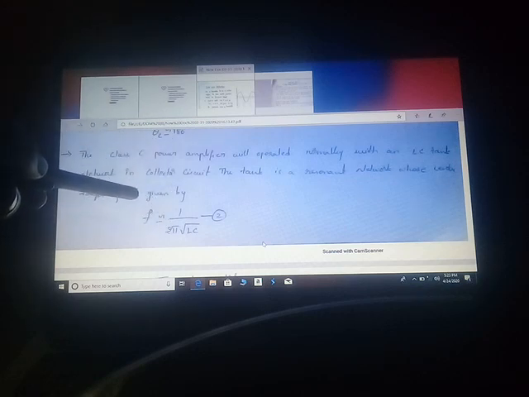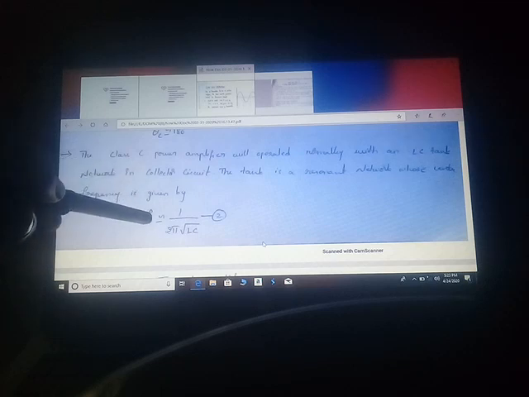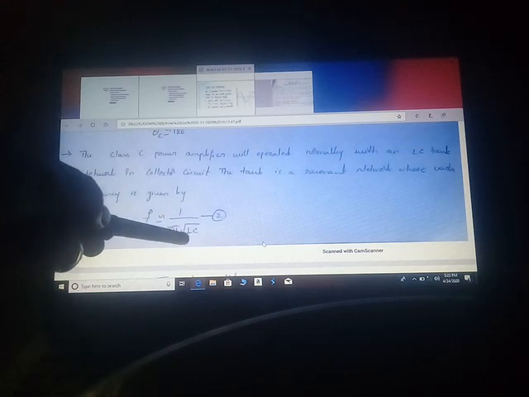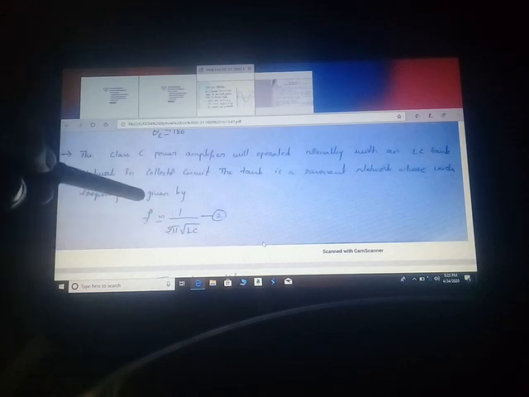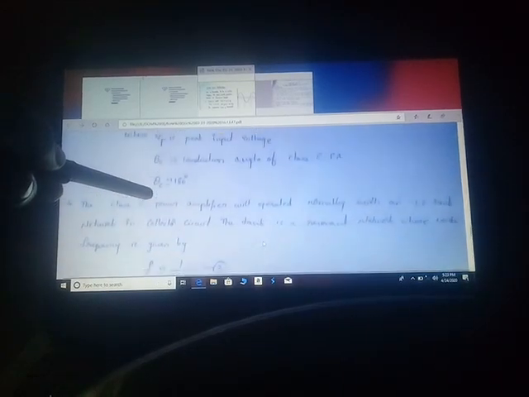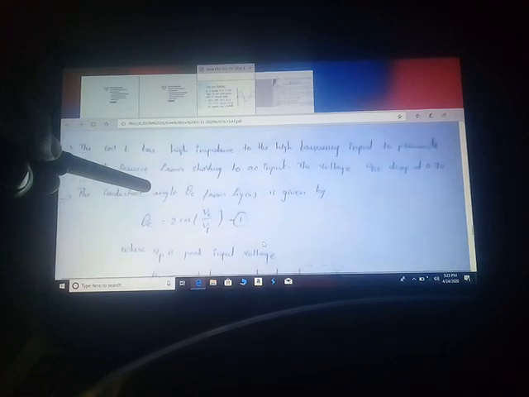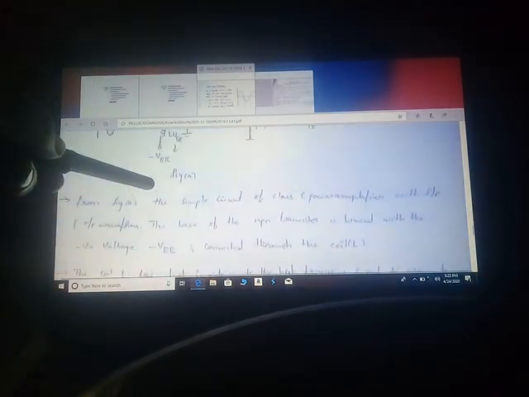The frequency you can calculate with the formula f is equal to 1 by 2 pi root LC, which is the same as the oscillator equation. Now the advantages and disadvantages. The first advantage is that it is a simple design.